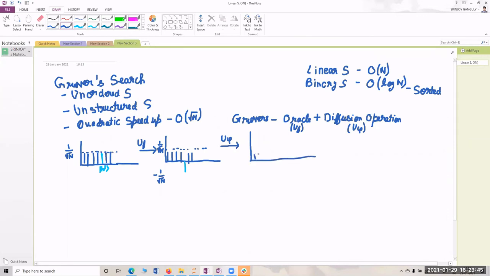Others become shorter, and now the element which you want to find has the maximum amplitude so that you can find it very easily. And that's what Grover's algorithm is trying to do. It helps employ the phenomena of quantum interference to help you find your marked item. So let me be specific that this is the marked element.